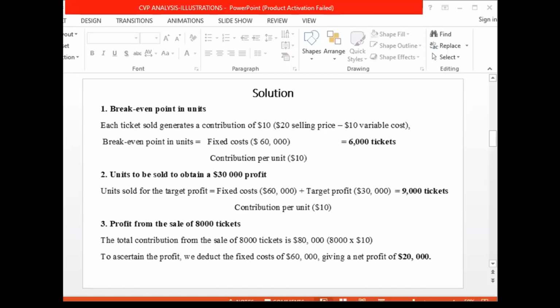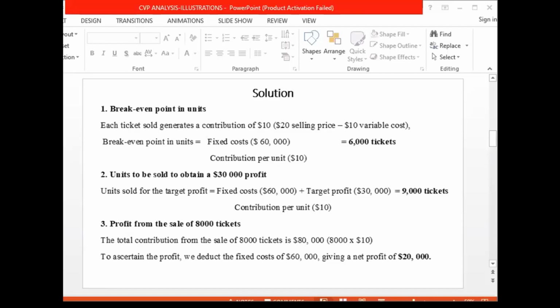So the number of tickets beyond the break-even point is 2,000, that is 8,000 minus 6,000. If you multiply this excess 2,000 by the selling price, can we get the profit?